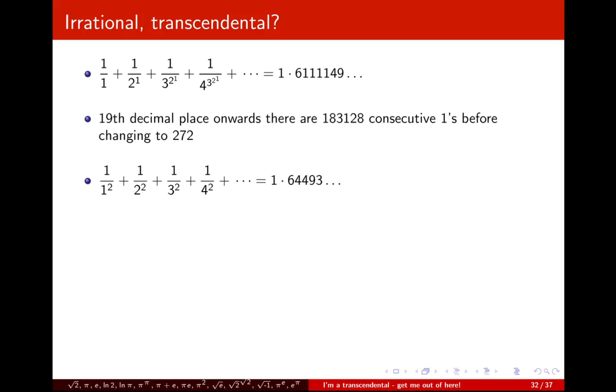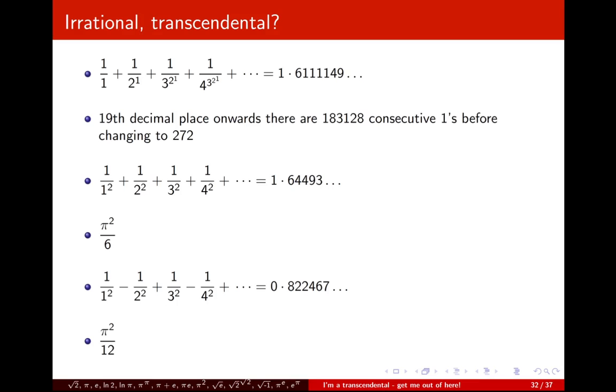This number, with squares of natural numbers on the denominator, is an infinite sum. It's also transcendental and irrational because it's 1/6 of pi squared. This is a similar series, but with alternating signs.